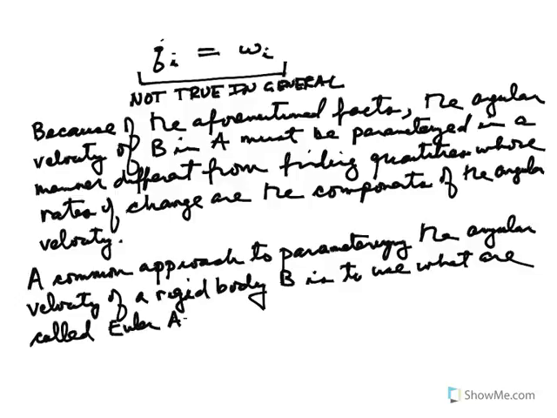Now, Euler angles, there are, in general, 12 different Euler angle sequences.